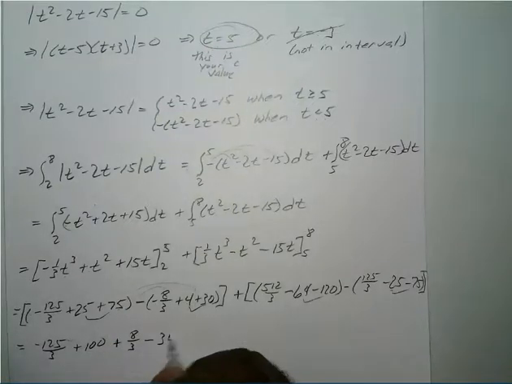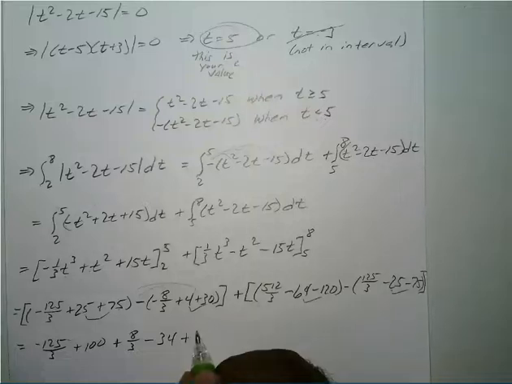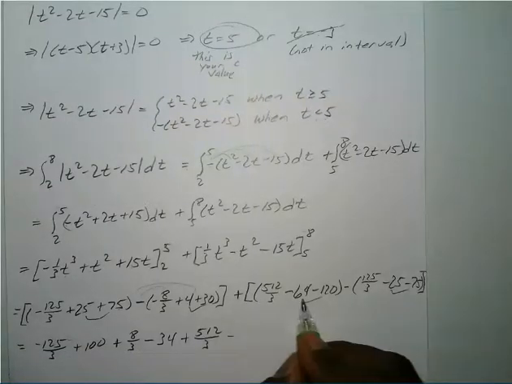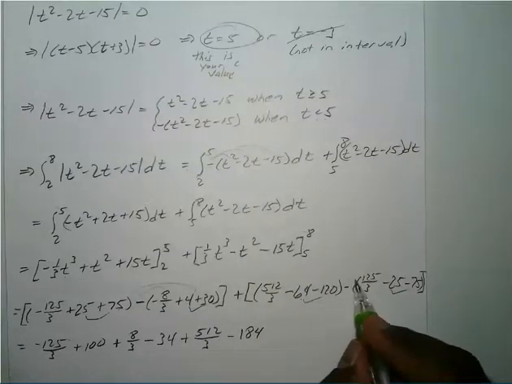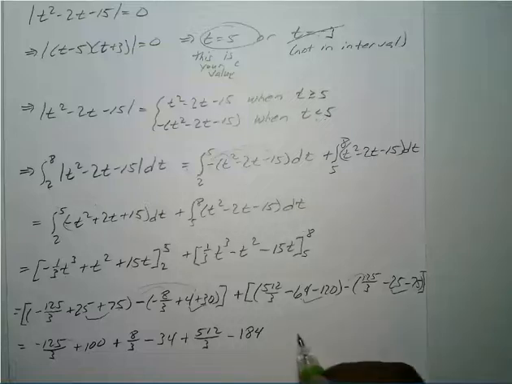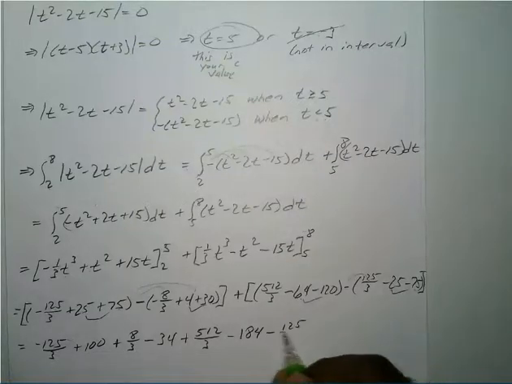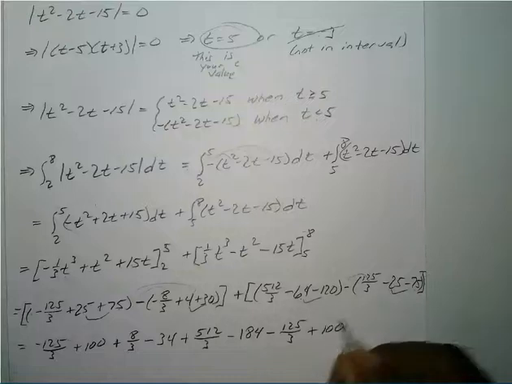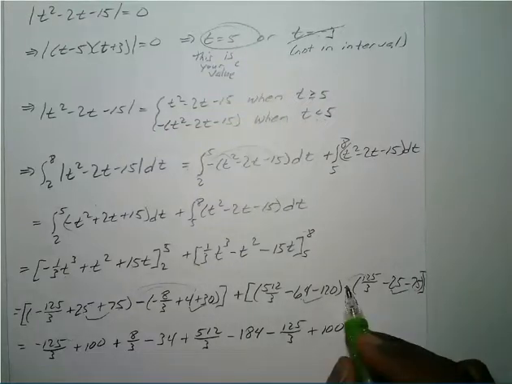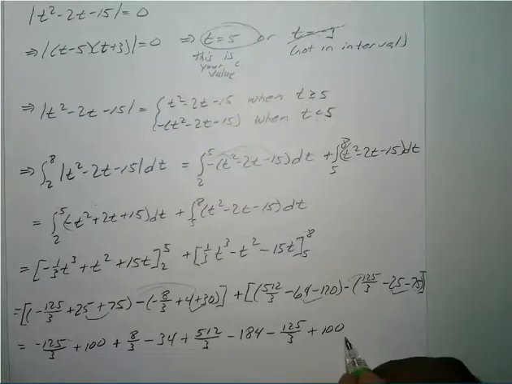So minus 34 plus 512 over 3 minus, add those two together, you have minus 184. Distribute that negative and combine those two, so you have minus 125 over 3 plus 100 once you have that negative 100 and it's multiplied by the negative 1.